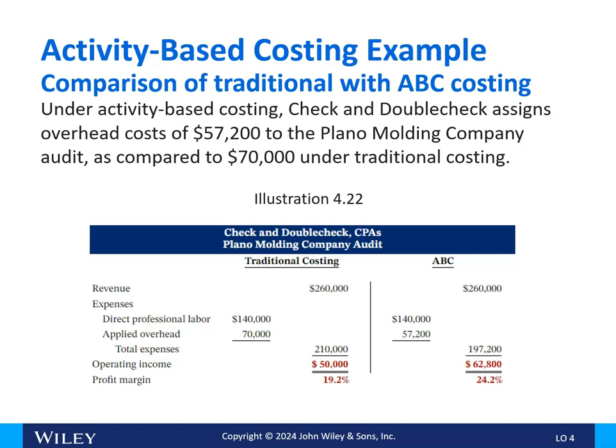So again, having that more finite application of costs, we come up with a different operating income, and we could make better decisions on pricing and where to spend time or how to cut costs using the ABC versus just a flat predetermined overhead rate.